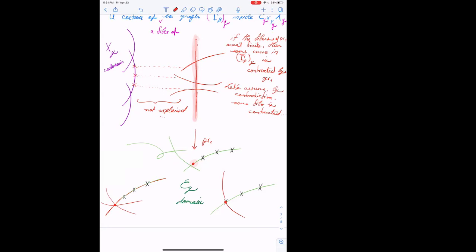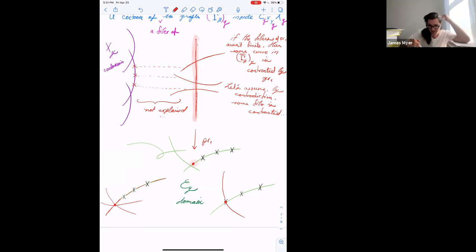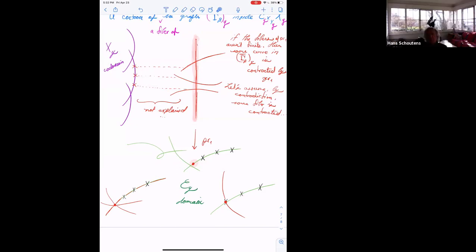Right. And at the very least, do we see why there need to be three? Well, I don't see any relationship between marked points and getting new divisors in the closure of the graph.